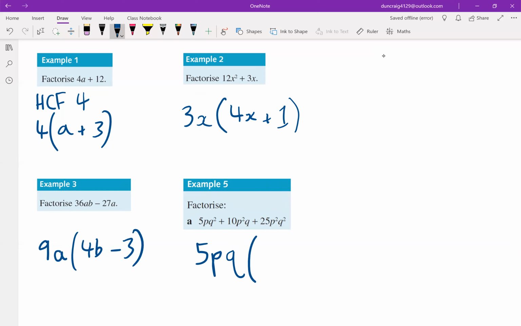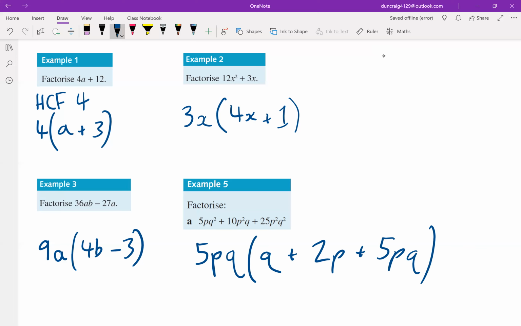So I'm going to have 3 bits there. And what have I multiplied this by? Just q for the first one, 2p for the next one, and the final one, 5pq.